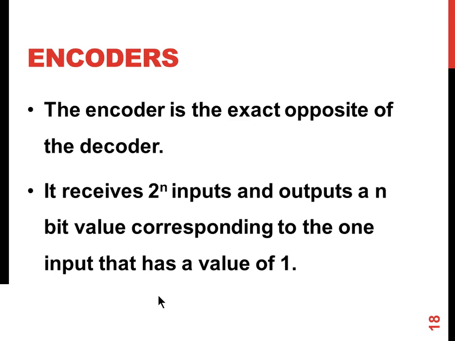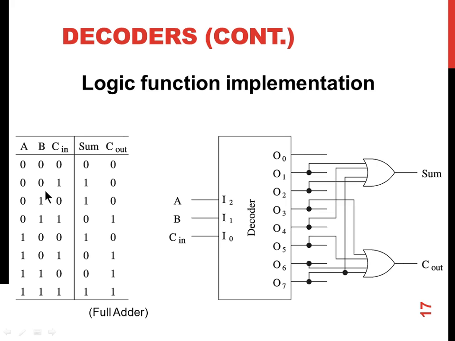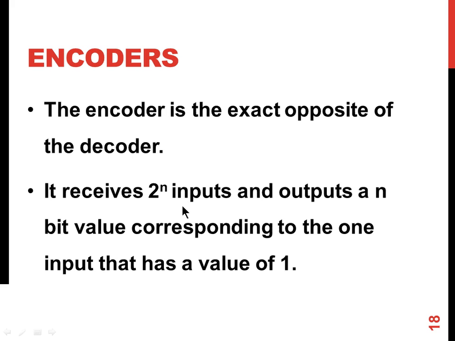So let's say it's an 8 to 3 encoder, and input one is high. Then the output will be 0, 0, 1. It's a 3-bit output. If input 4 is high, it will be 1, 0, 0 encoded output. If input 7 is high, the encoded output will be 1, 1, 1. So it's a binary encoded output based on the input which goes high.